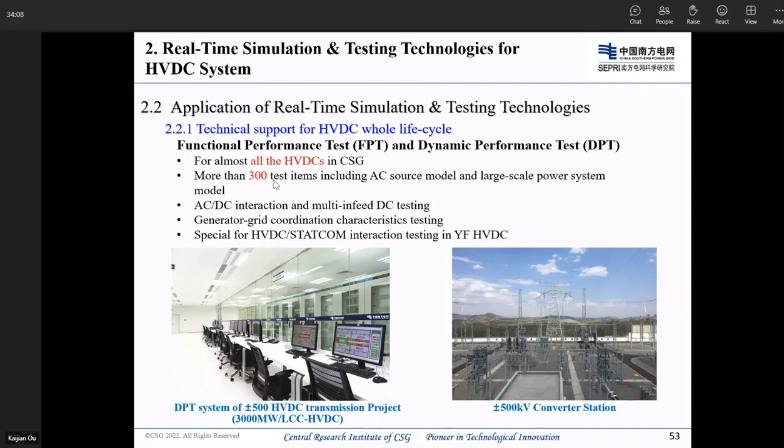We use RTDS to connect with the physical control and protection system of the HVDC cubicle, and then use this to test the function and dynamics of the HVDC control and protection. If there is some problem, we can find the problem during the FPT and DPT, and then improve the software of the control and protection system.